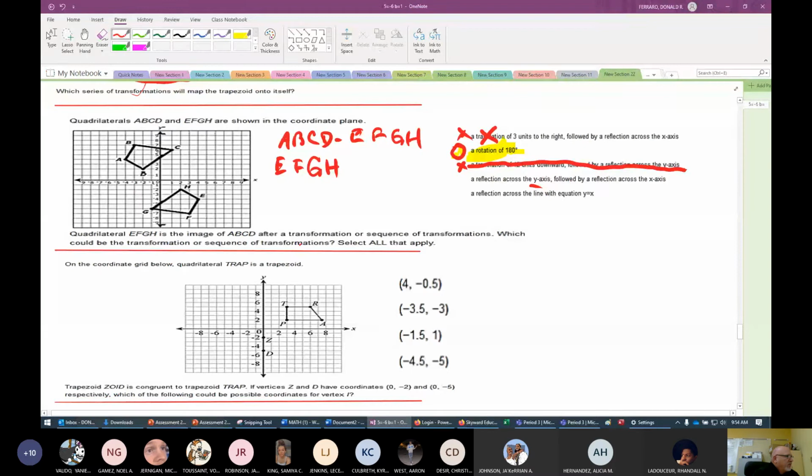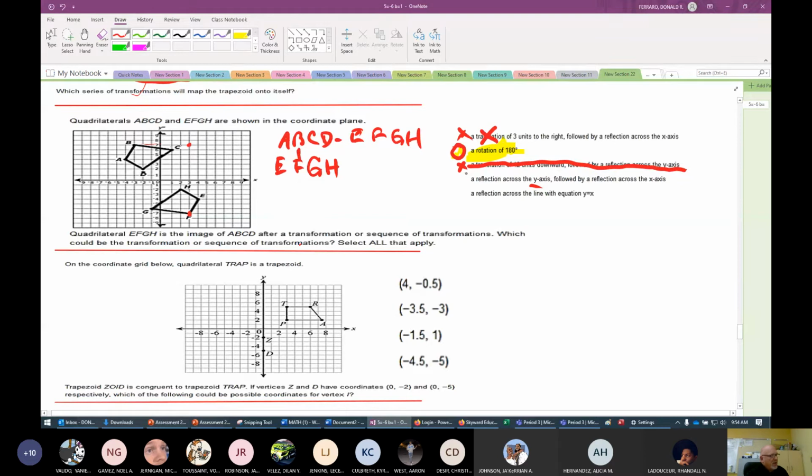So I'd go to 3 to the right of the y-axis. So I go straight across my 7, and I go 1, 2, 3, and then they say followed by a reflection across the x-axis. So if I'm 7 up there, then I'd have to go -7 down there. Oh, that may work. Look at that. So B reflects to point F, and we know that B and F are associated with each other.